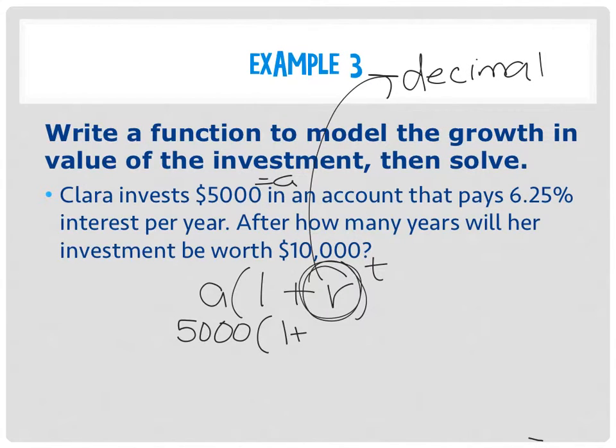How do I get from percent to decimal? Divide by 100, or move my decimal 2 places to the left. Okay? So this is really 0.0625. And then the t is however many years her investment will be in there.